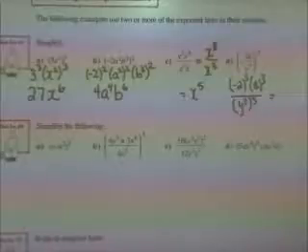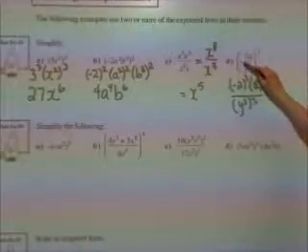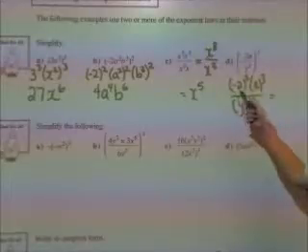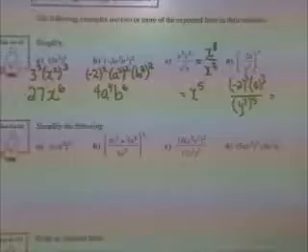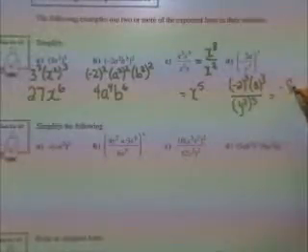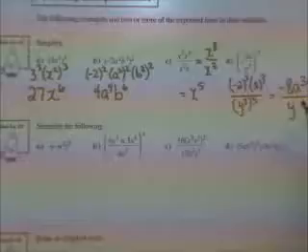So put it with the coefficient. If there was no coefficient, make it a -1. So if there was no 2 here and it was just negative a, I would write this as a -1 to the power of 3. So what is -2 to the power of 3? -8. And then I have a to the power of 3 over y to the power of 9.